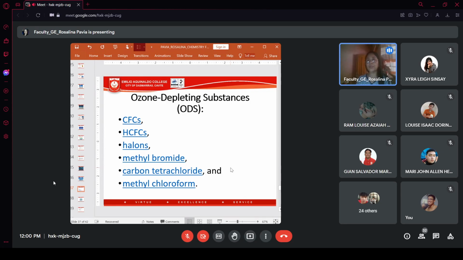Because itong mga chemicals na to, pag tinapon mo sa sink, DENR will run after you. Okay? So may mga agency na nagko-collect talaga ng mga chemical refuse, yung mga waste sa mga laboratories, to take care for the protection of our environment.